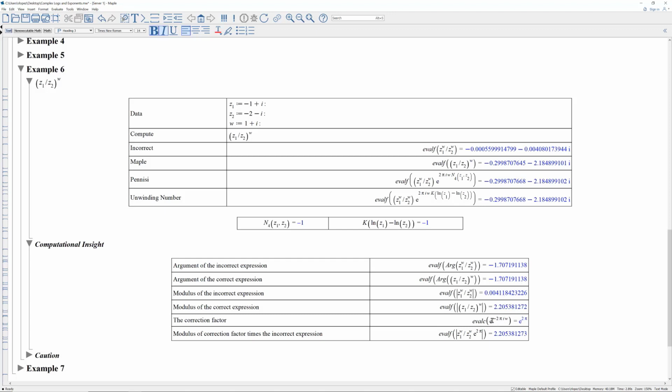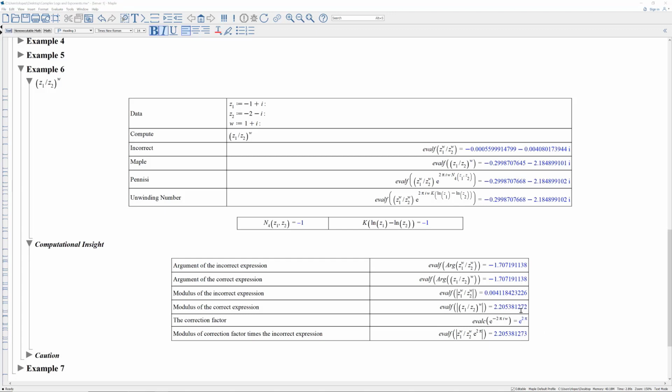The correction factor, which is again a multiplicative correction factor, turns out to be e to the minus 2 pi i w, because k is minus 1, and w has got these nice integers in it, and it turns out to be e to the 2 pi. And so if you incorrectly distribute the exponent but compensate with an e to the 2 pi, then you get the correct value.